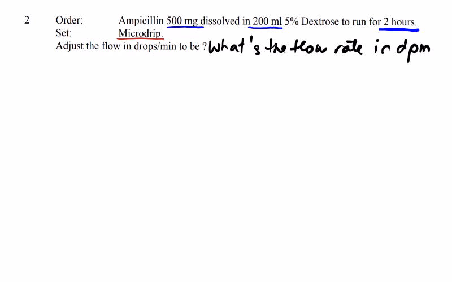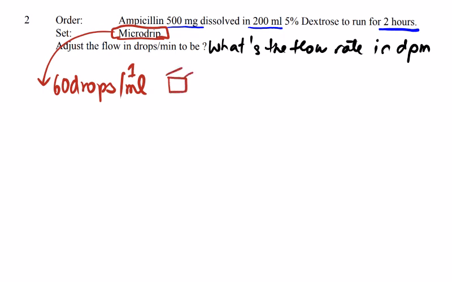First thing to break down here is the micro drip. A micro drip means it's delivering 60 drops to the mil. What does that mean? That in each one drop, remember 1 milliliter, if we could imagine, I'm doing it squarish, but a little cube containing 1 ml of fluid, if we divided it in 60 equal parts, that would be the size of the drop.